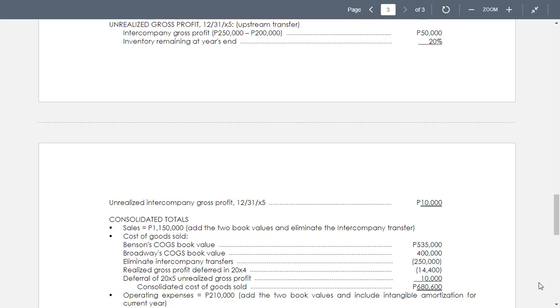Then cost of goods sold. We now get the cost of goods sold at book value as computed of 535,000 for BB, and then we have BW of 400,000. We deduct the intercompany transfers of 250,000.